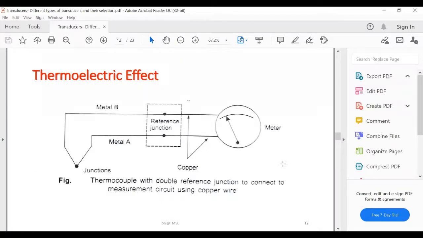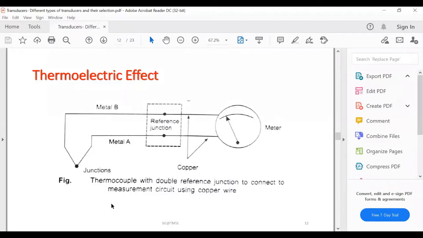So one junction should be kept at 0 degree centigrade by putting the junction in an ice bath. Frequently, instead of an ice bath for the reference junction, an electronic compensating circuit can be used. And the inconvenience of having to make the whole circuit from the two metals used in the thermocouple can be overcome by using a double junction that connects to the copper conductors in this case, which you can see in this picture.